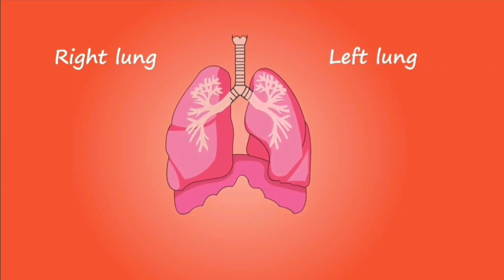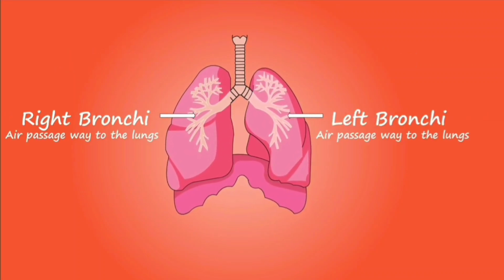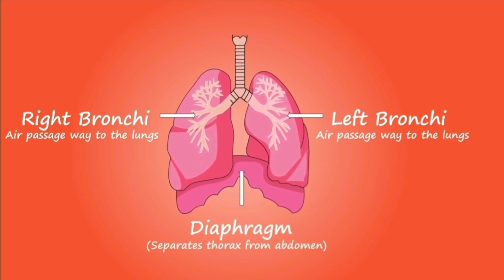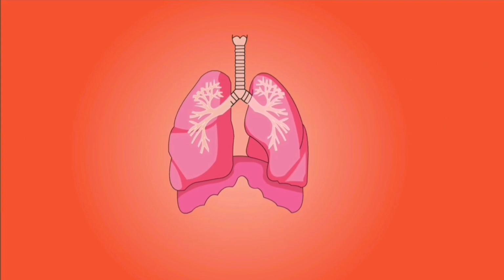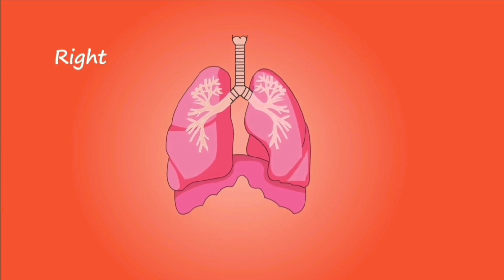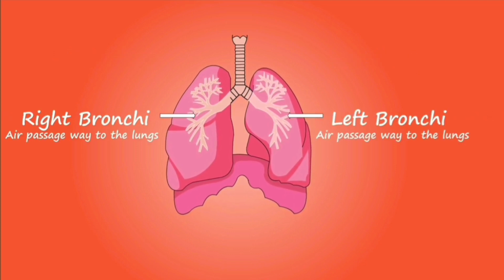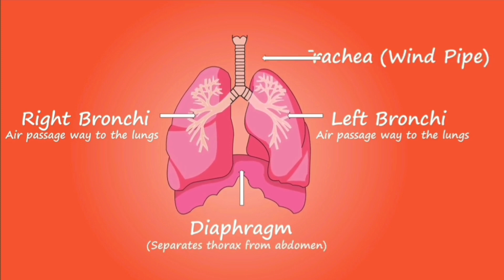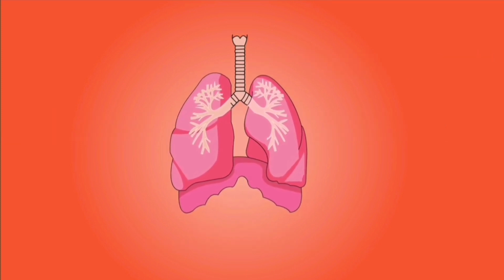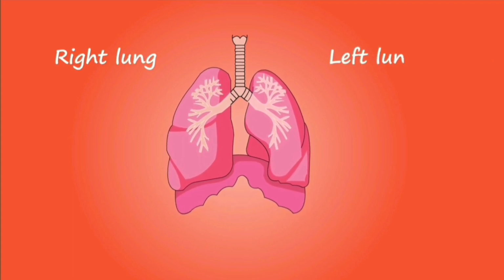And after the exchange of oxygen and carbon dioxide, the diaphragm goes back to its normal position, that is a dome shape, and so does the thoracic cage. This causes a decrease in the thoracic capacity, and as a result, the lungs get compressed and carbon dioxide is exhaled out. So this is all about respiration. We have seen the organs of respiration and respiration.